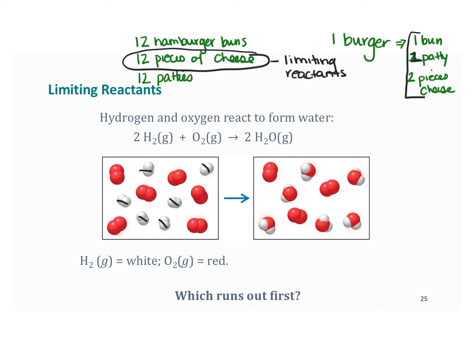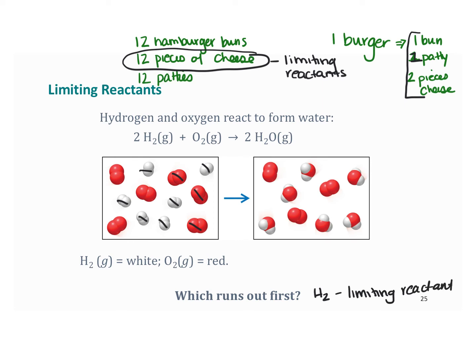They're going to pair with 1, 2, 3 molecules, right? And those are going to turn into water. And so you can see that here. We're going to have 6 molecules of water, but we're going to have 3 molecules of O2 left over. So the one that runs out first here is H2, and that is our limiting reactant.